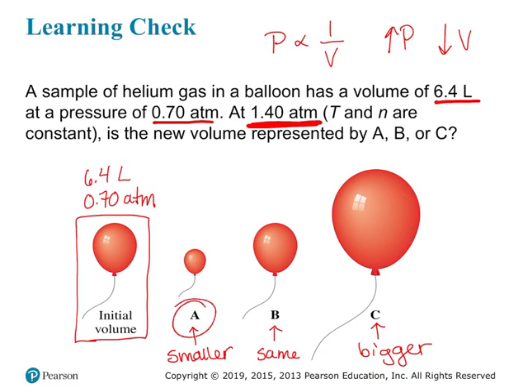So you could have said, well, I know that the volume is not going to stay the same because pressure is changing. So we could have eliminated B right away. And then we just had to figure out, with an increase in pressure, will we have an increase in volume, C, or a decrease in volume, A? And since we know that they're inversely proportional, we could say the volume is going to get smaller.